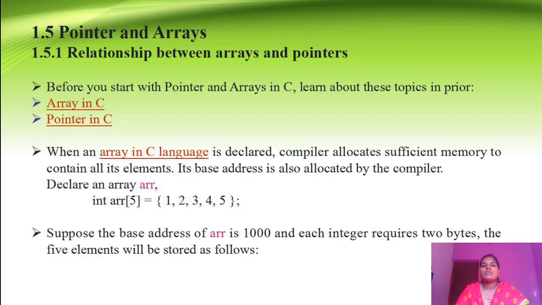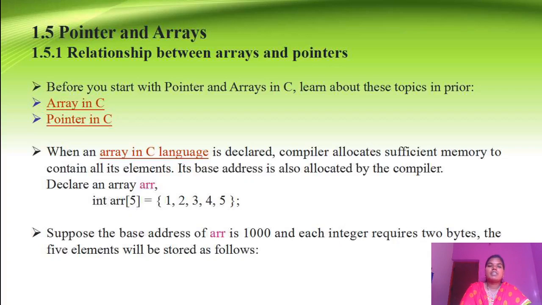As you know, an array is a collection of similar elements. Now I have declared one example array, int arr[5], which has 5 elements: 1, 2, 3, 4, 5. If I consider the base address as 1000, it is an integer array, so every element of the array takes 2 bytes of memory.